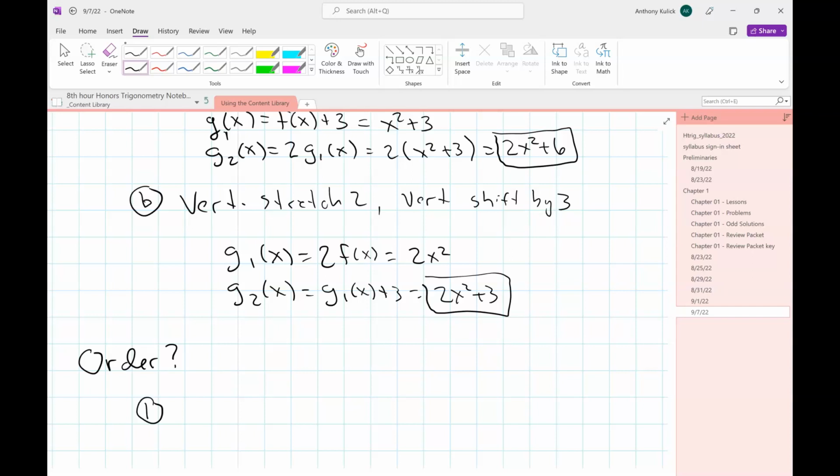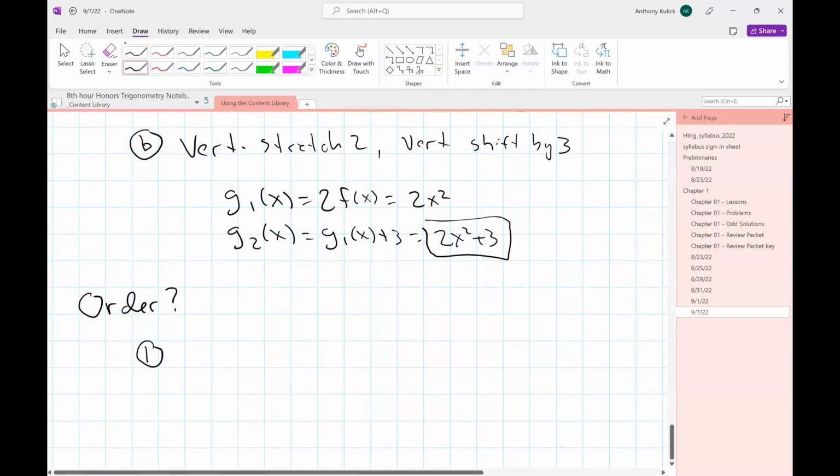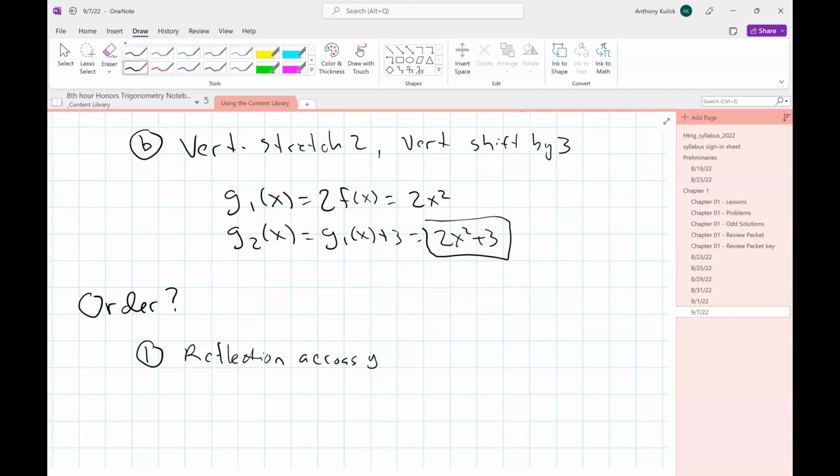So here's what we're going to say. First thing we're going to describe is the reflection across the y-axis.